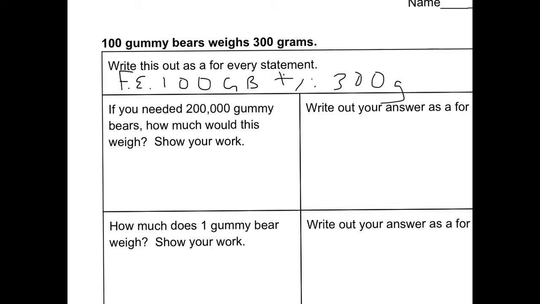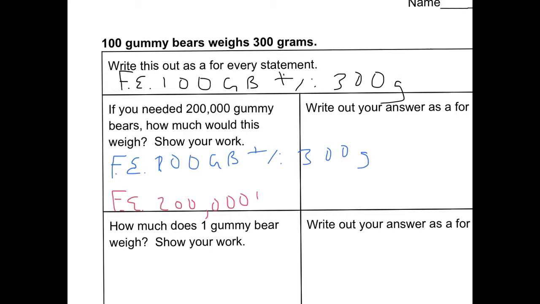And if we needed 200,000 gummy bears, whew, that's a lot of gummy bears. So we're going to rewrite that for every statement that we know. So this is our relationship that we're 100% sure of. And it's 300 grams. But this time we're going to do it for not just 100 gummy bears, but 200,000 gummy bears, there is blank grams.